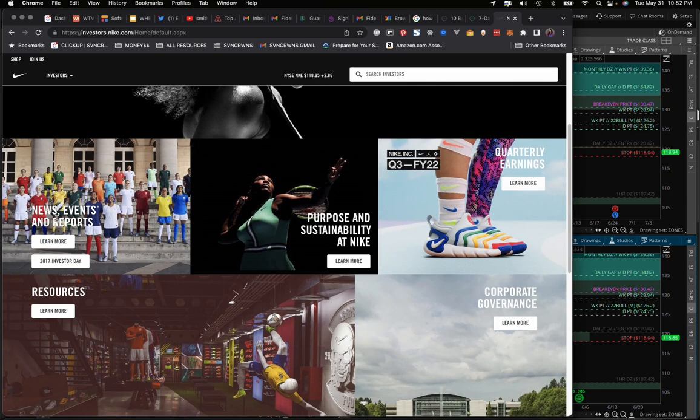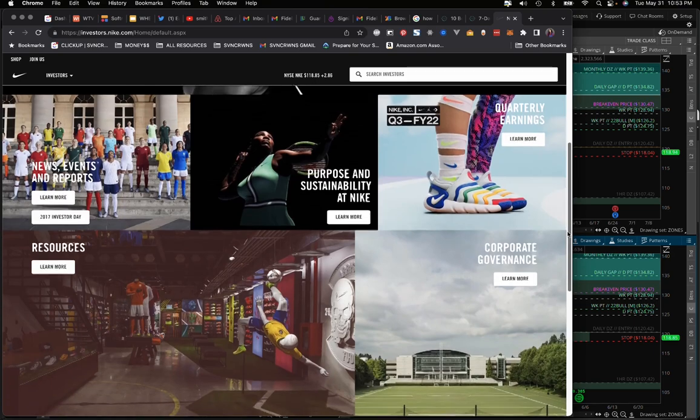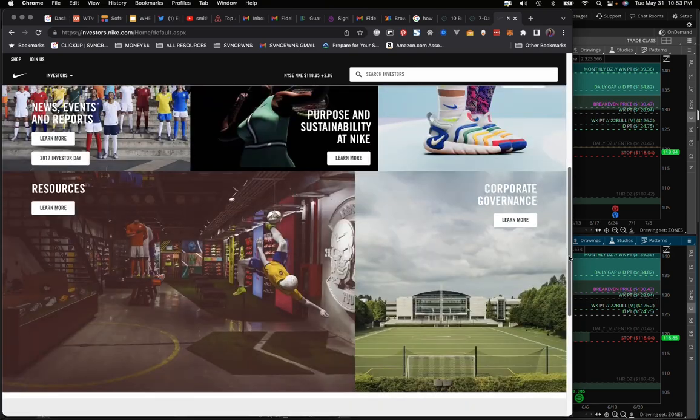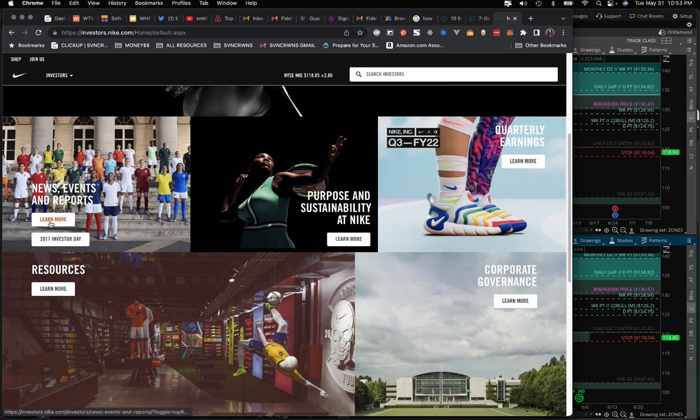It should be on this news page. So we got news, events, and reports. Sustainability in retail is huge right now, especially with this partnership between Gap and Yeezy. Their whole mission statement is sustainability. All right, so click on news, see what that is.